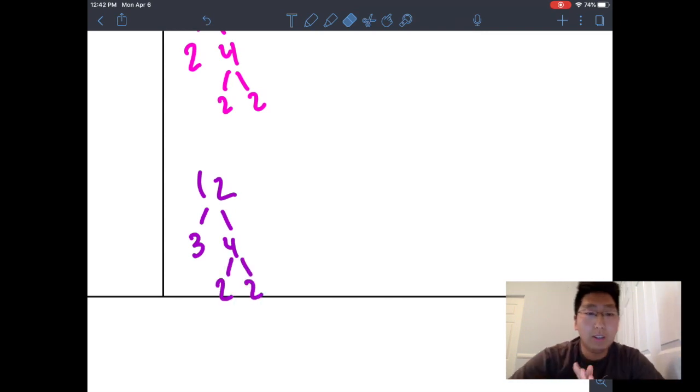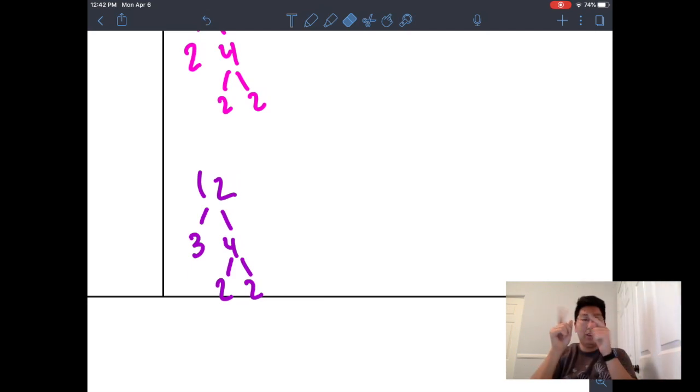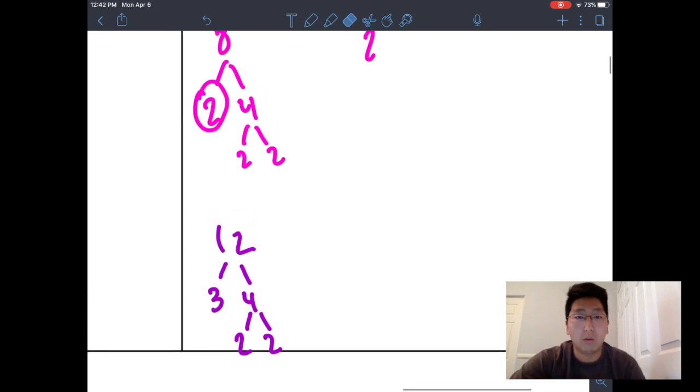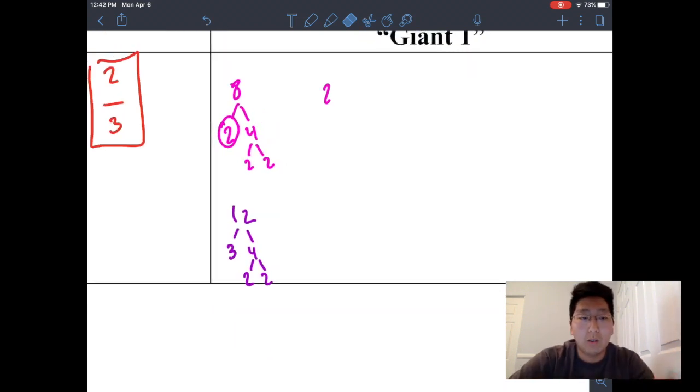What we just did was we broke down the big number 8 and the big number 12, and we created this tree, and we found the smallest numbers we can multiply together to get those. So we're going to rewrite 8 as 2 times 2 times 2. 8 is the same thing as 2 times 2 times 2.